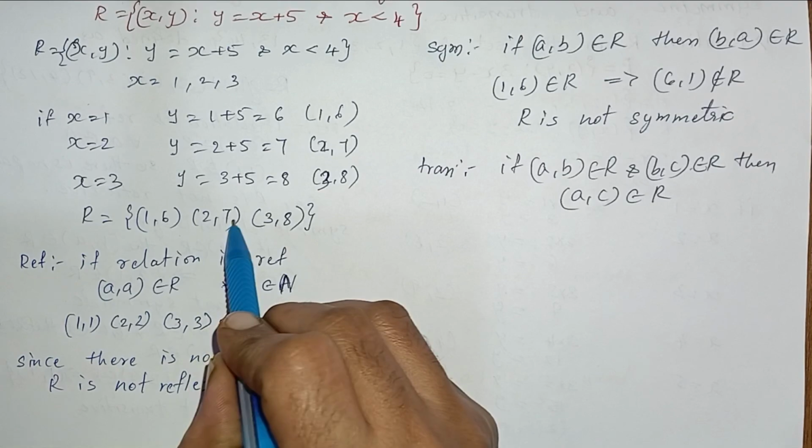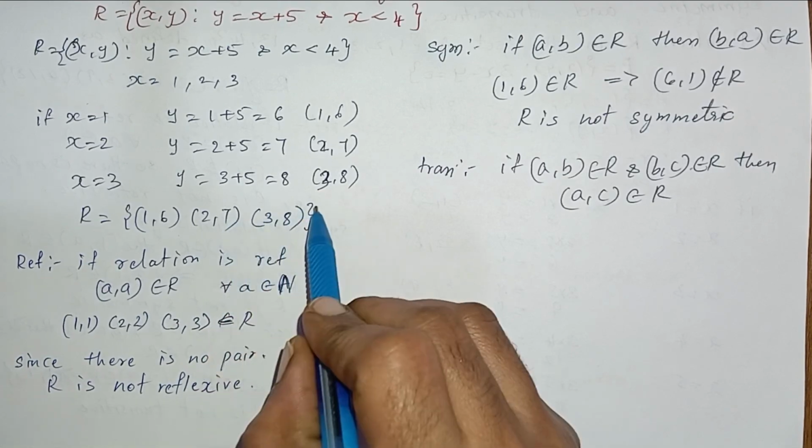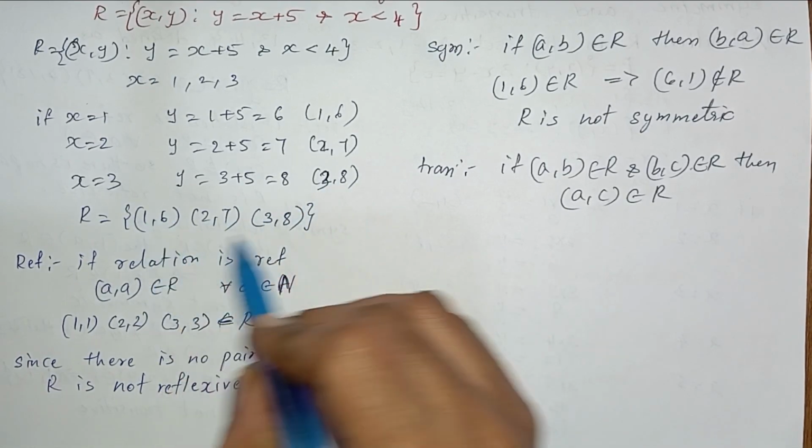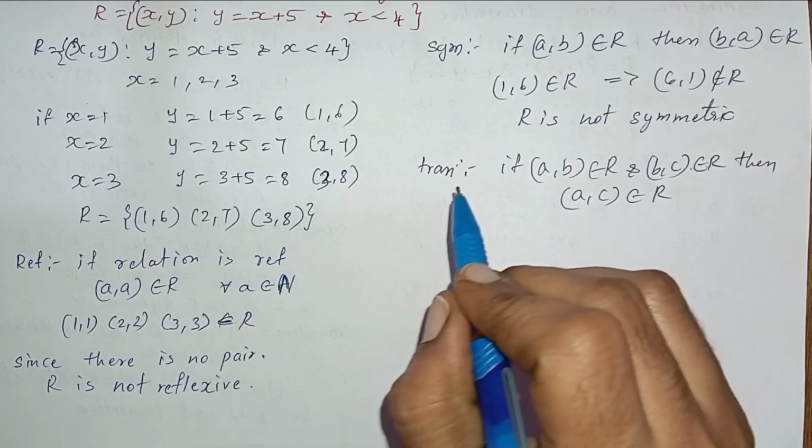If we take (2, 7), there should be a (7, some number), but we do not have any such pair at all.